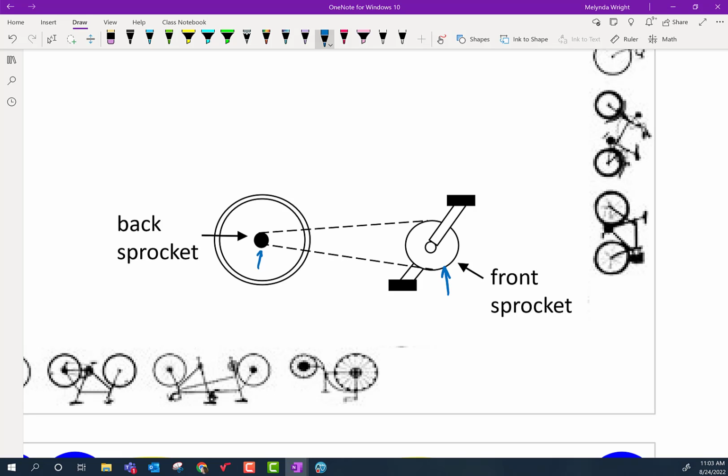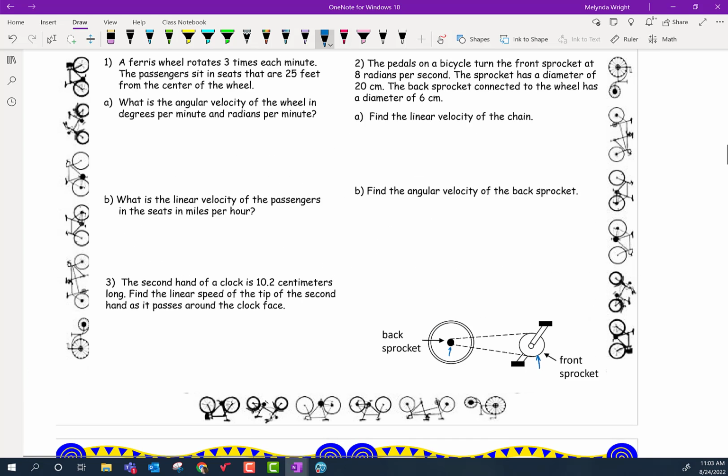And as you pedal, the gears affect the other circle, right? It causes you to move. Since those 2 circles are connected together, see how they're connected? They're rotating together.